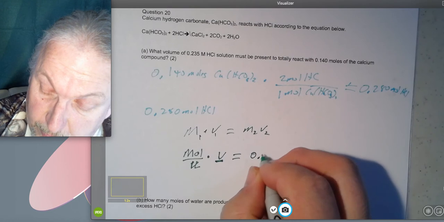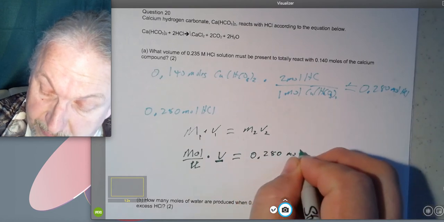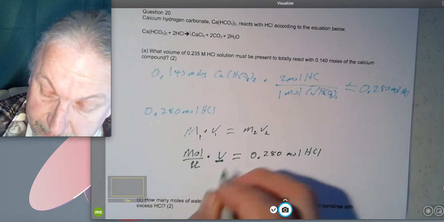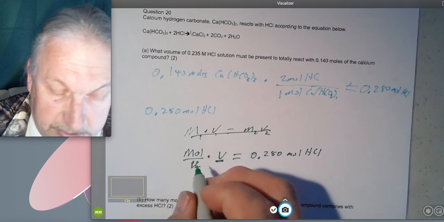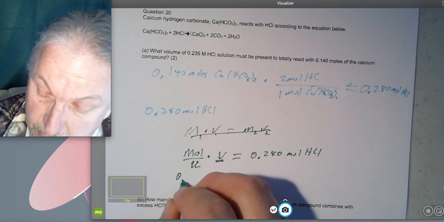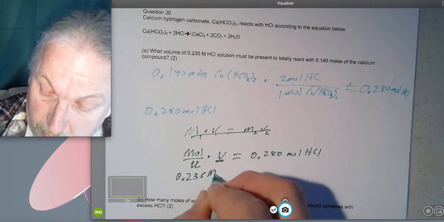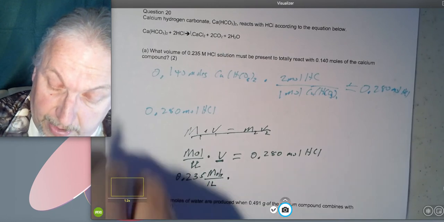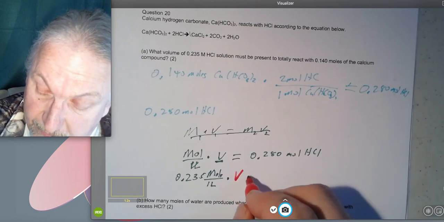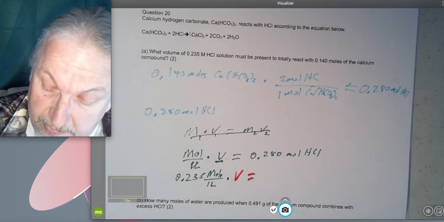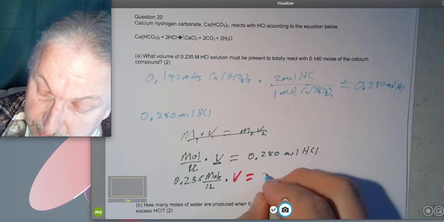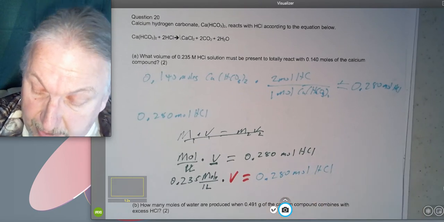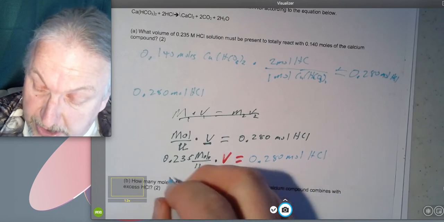I know I need 0.280 moles of HCl, and I know the molarity, or the moles per volume. We're really not going to use that formula, but we're going to use that concept. So if I've got 0.235 molar, or moles per liter, and I don't know the volume, but I do know that I need 0.280 moles of HCl, I can do some really simple algebra.